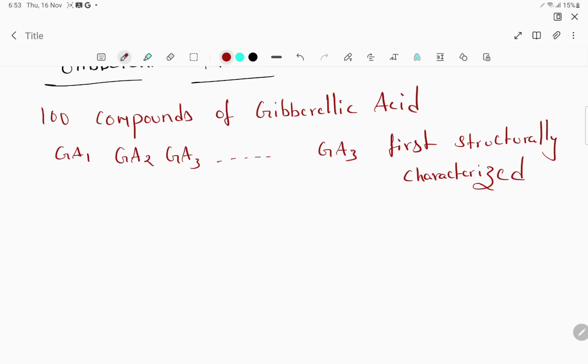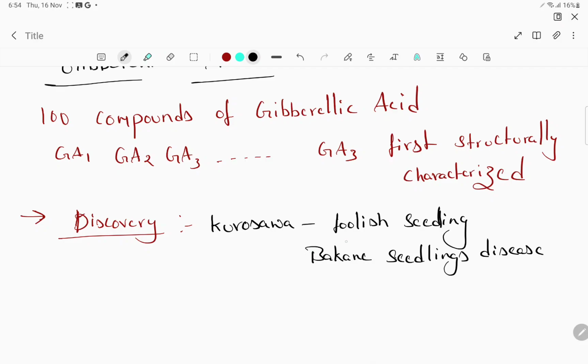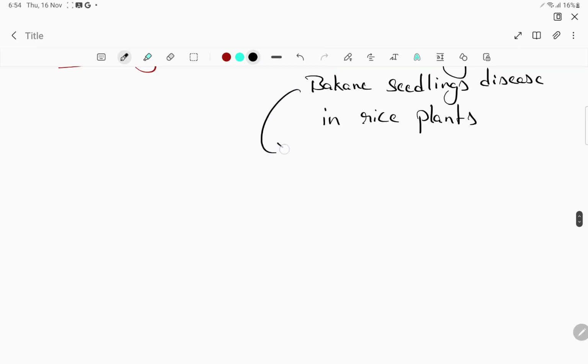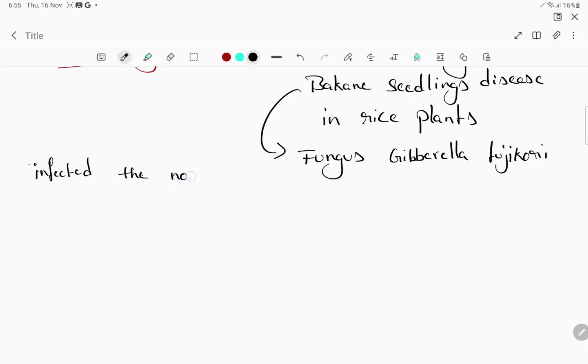So the discovery: it was first discovered by Kurosawa as Bakane seedling disease or foolish seedling disease in rice plants, which is caused by the fungus Gibberella fujikuroi, and he infected the normal rice seedlings and observed the symptoms.